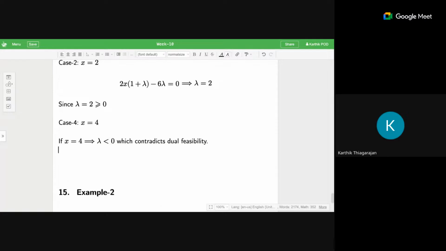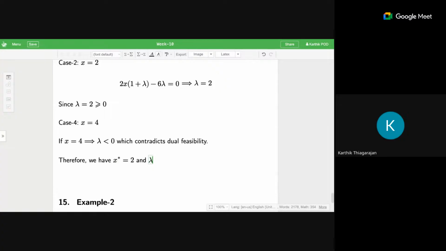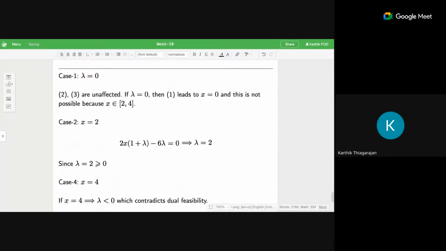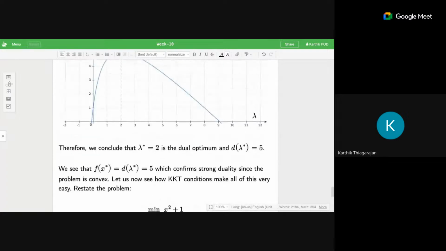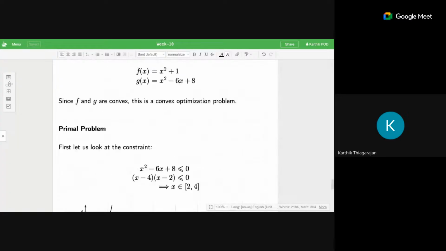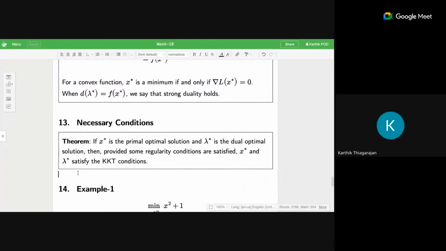Therefore, what we have found is that x star equal to 2 and lambda star equal to 2 are the primal and dual optimum, right? This is true because of what we call the sufficient and necessary conditions. These were the theorems that we discussed before.